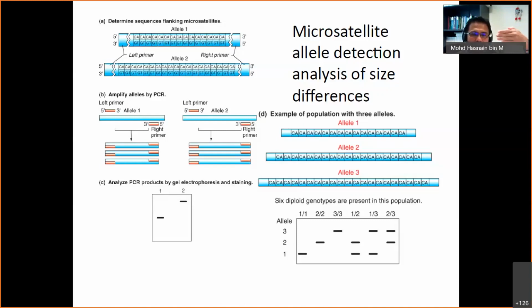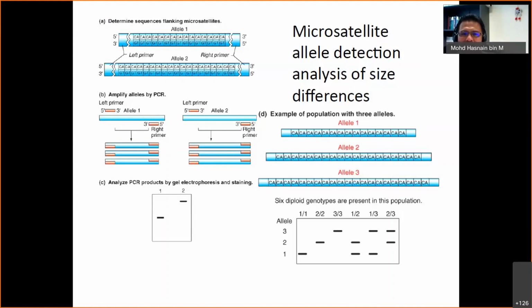This one, because it's slightly longer, will move slower. After 1 hour, it will stop over here. So that's just like a rabbit and turtle. When they do a race, this one is very fast, this one is very slow. So that's how you differentiate. They will show differences after 1 hour.